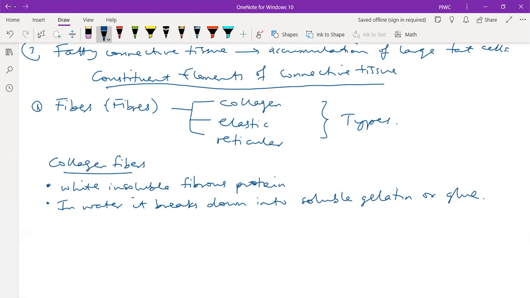So collagen fibers are present in all connective tissues. Every connective tissue you take, they are present, including bone and cartilage.